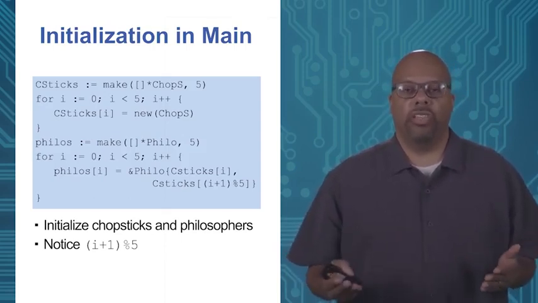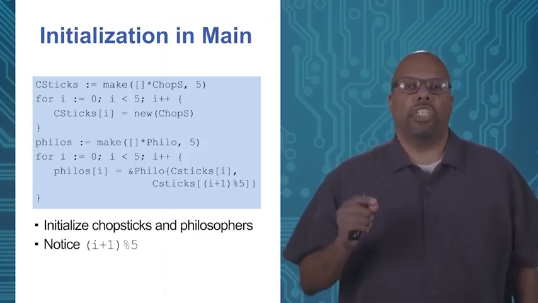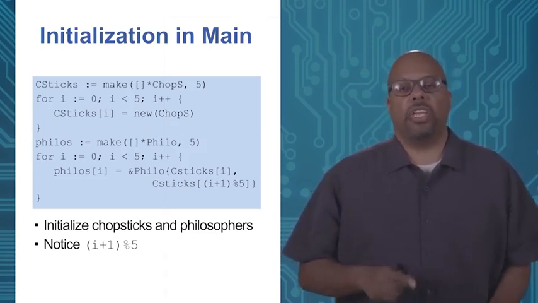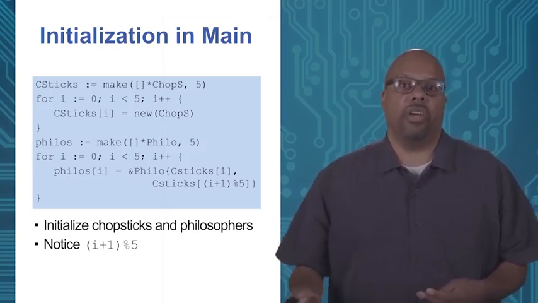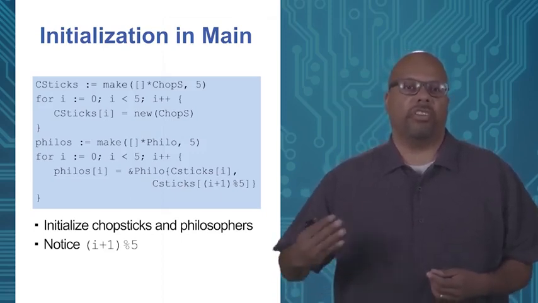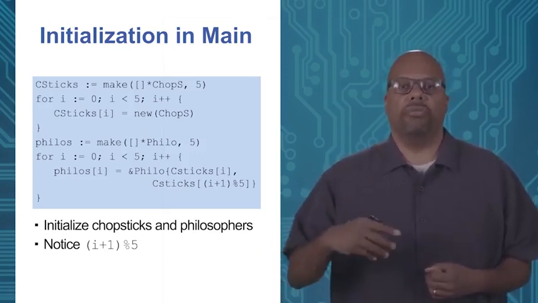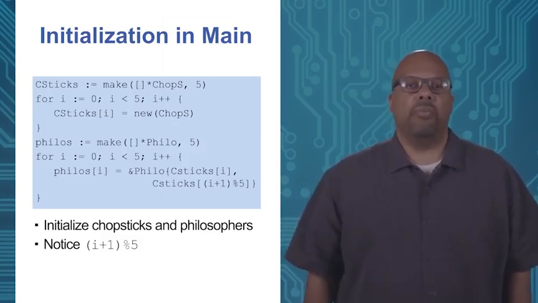Philosopher 2 is going to have chopstick 2 as its left chopstick and chopstick 3 as its right. But philosopher 4 has chopstick 4 as his left chopstick and chopstick 0 as his right chopstick. It's in a circle, okay? That's why you have to do the modulo 5, because there's no chopstick 5. He gets chopstick 0.